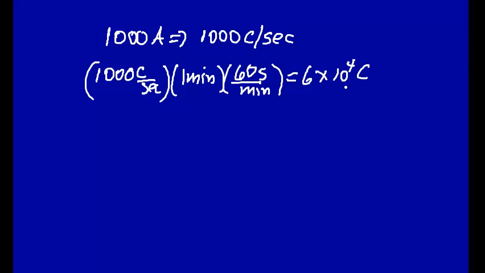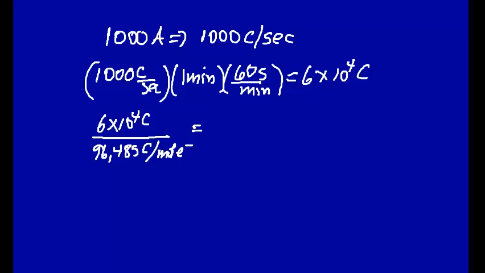How many electrons does that correspond to? Well, 6 times 10 to the 4th coulomb, ignoring significant figures here, divided by 96,485 coulomb per mole of electron. So this comes out to be 0.622 mole of electron. So is that equal to the mole of chlorine gas? Well, we don't know yet. Let's actually write down that half reaction. It's a sodium chloride solution.